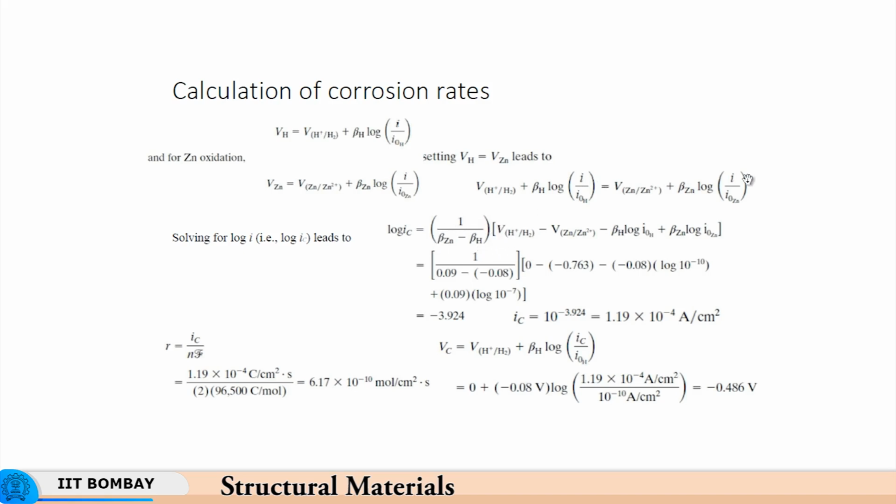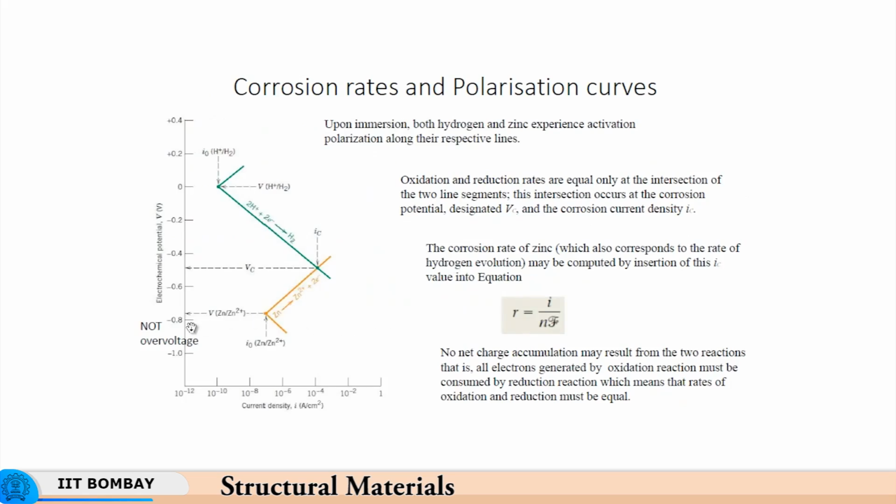and here you have one single value of corrosion current, because we have seen in the previous curves, like here for instance, you have this is the oxidation line. So, I naught is over here, and then there is an increase in the current density up to a certain point where V corrosion is reached, and this is the value we are trying to find out, because this is a line of oxidation of zinc, this is a line pertaining to reduction of hydrogen, and where the two meet we get these 2 points Vc and Ic.